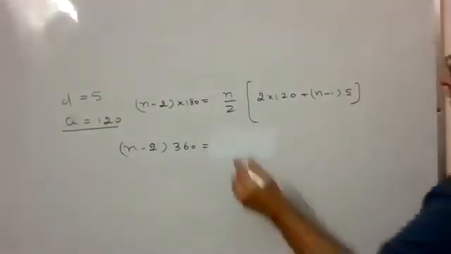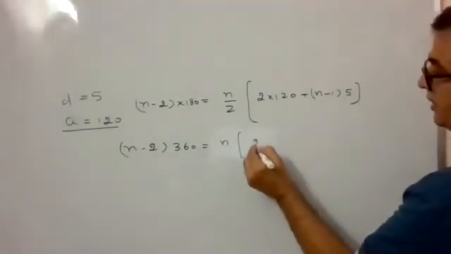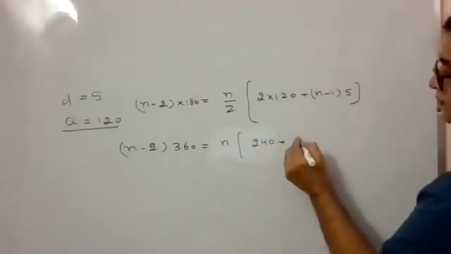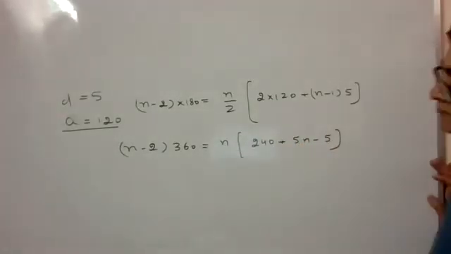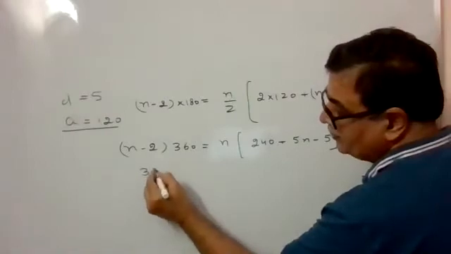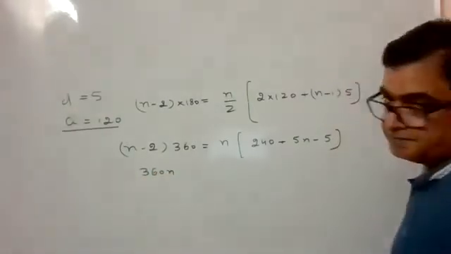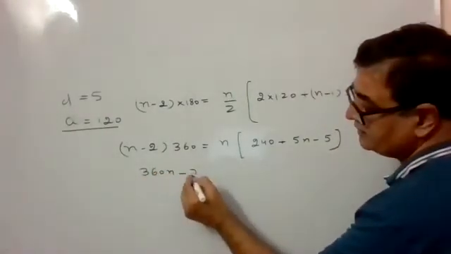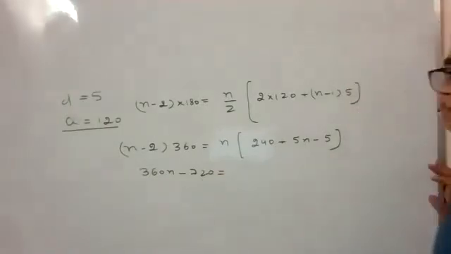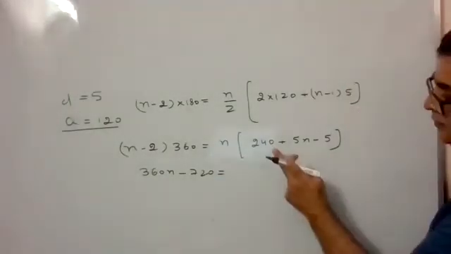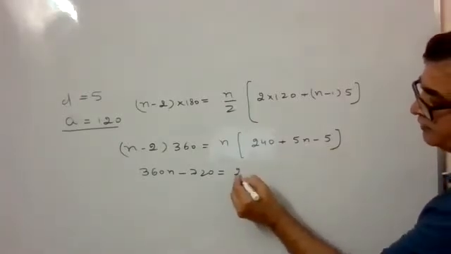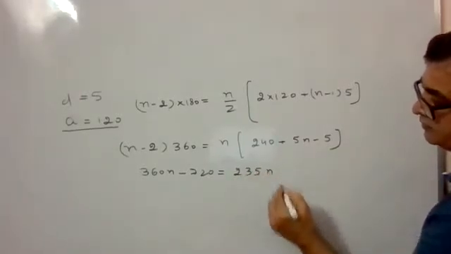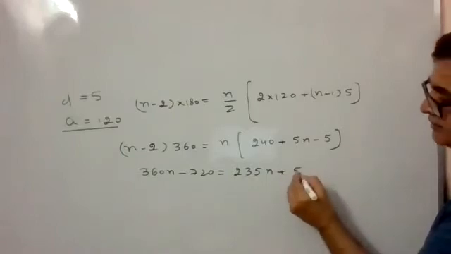This comes out to be n times 240 plus 5n minus 5. Now I'll solve it. 360n minus 720. This will be 240 minus 5, so that will be 235, and then 5n squared.